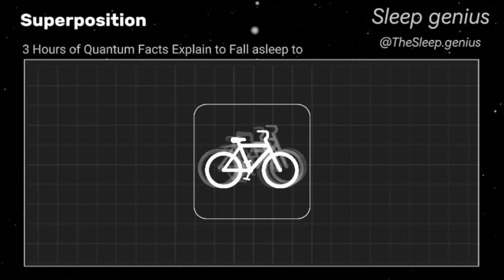The implications of superposition are as unsettling as they are profound. It challenges the classical notion of an objective reality independent of observation, suggesting that the act of measuring is inseparable from the nature of what is measured. The idea that particles can occupy multiple states simultaneously forces us to reconsider the linearity of time, the definiteness of objects, and even the concept of identity itself.